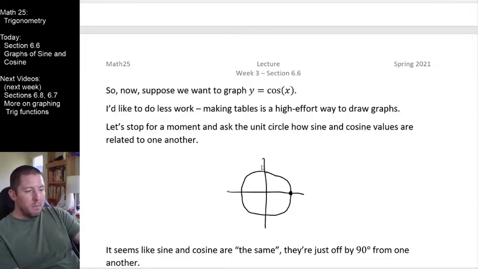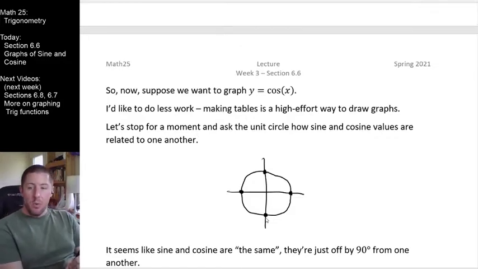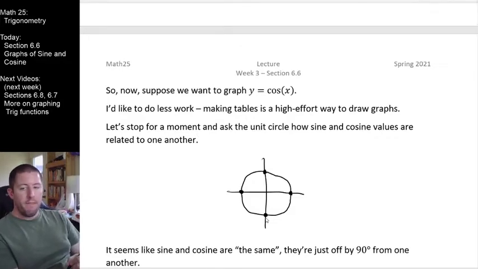I think the easiest points to discuss are our axis points here. It's where sine and cosine are always 1 or 0 or -1. It's always just one component or the other. To get to those points, you either went horizontally from the origin or you went vertically, and you didn't mix and match. What I'm seeing over here is that this is the location where cosine is going to reach its maximum.